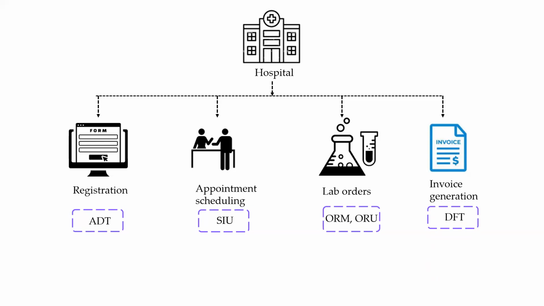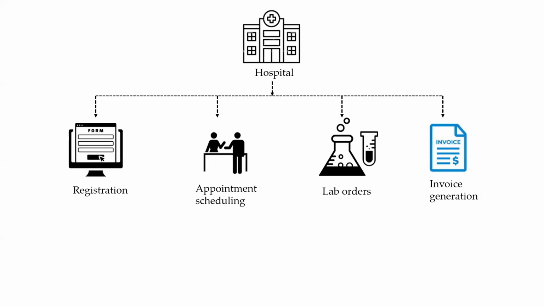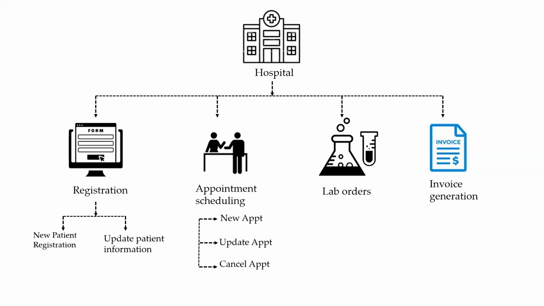Now, I told you that every registration or each of these categories may have a series of events. To name a few of them, registration will have new patient registration and update of existing patient information, right? A new patient can be registered or the existing patient's information can get updated, right? And then you have appointment scheduling.